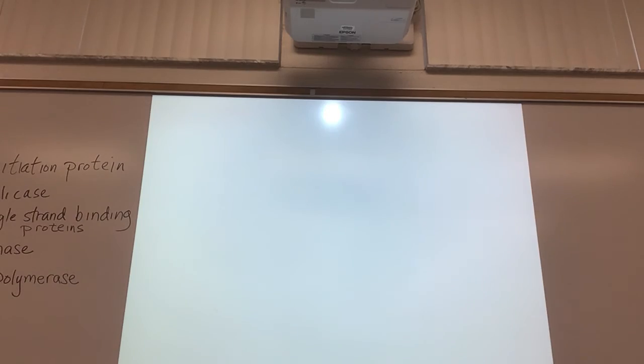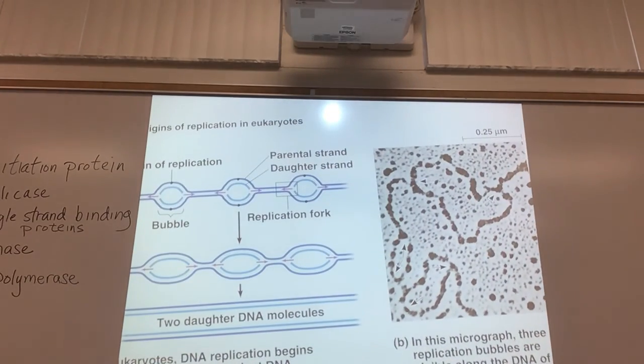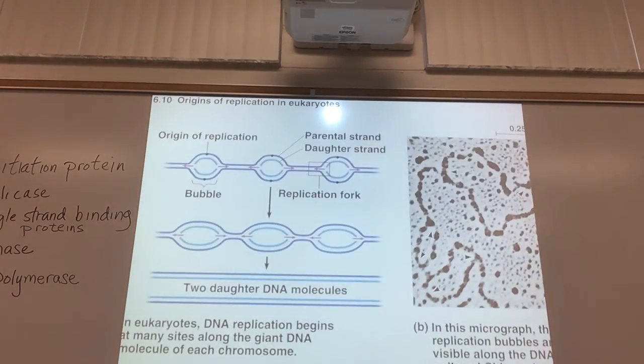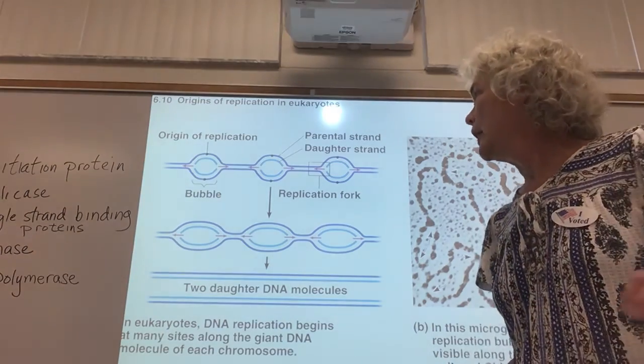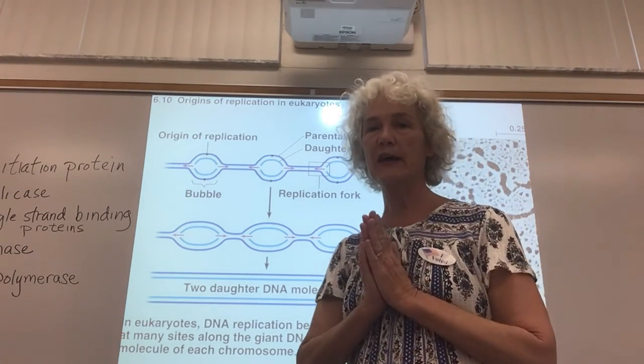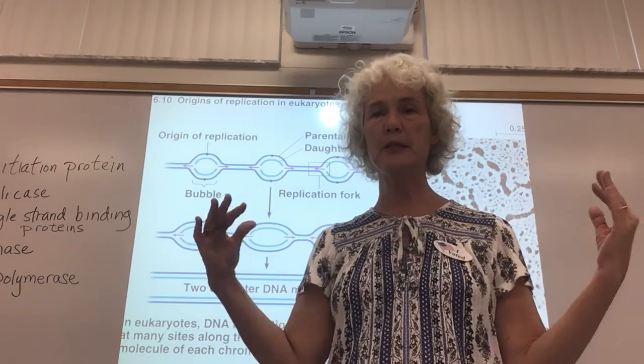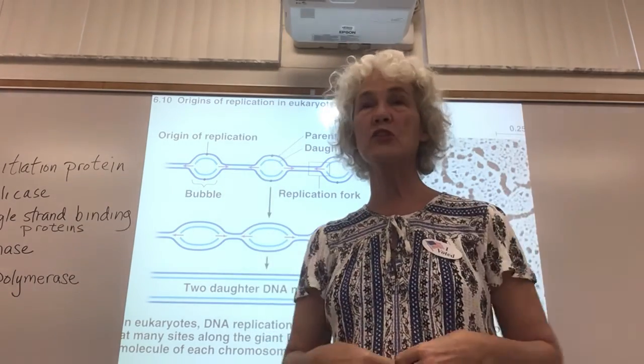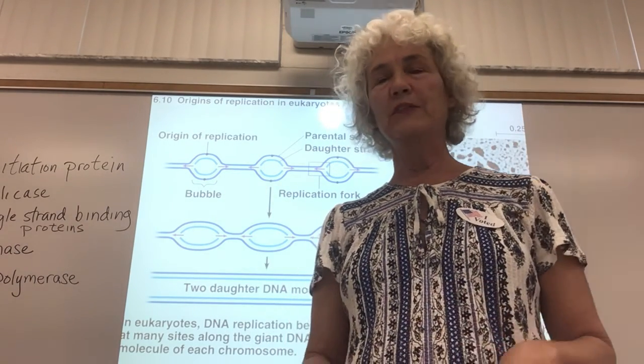Another thing to know is that the DNA molecule is going to be copied, unlike what we talked about in class last time when we talked about it unzipped and it got copied all the way up just like a zipper. That was a simplification.